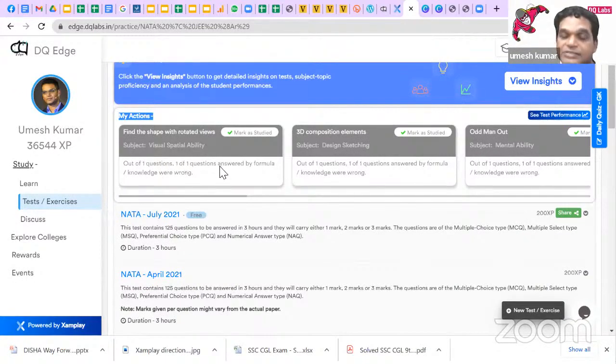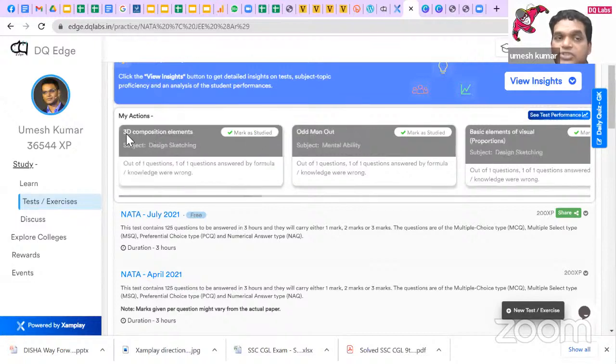The my actions are populated as per the student. For me, if I have time to study something, this is the one thing I should be studying: find the shapes with rotated views. Once I finish that, I can click mark as studied and go to the next topic.